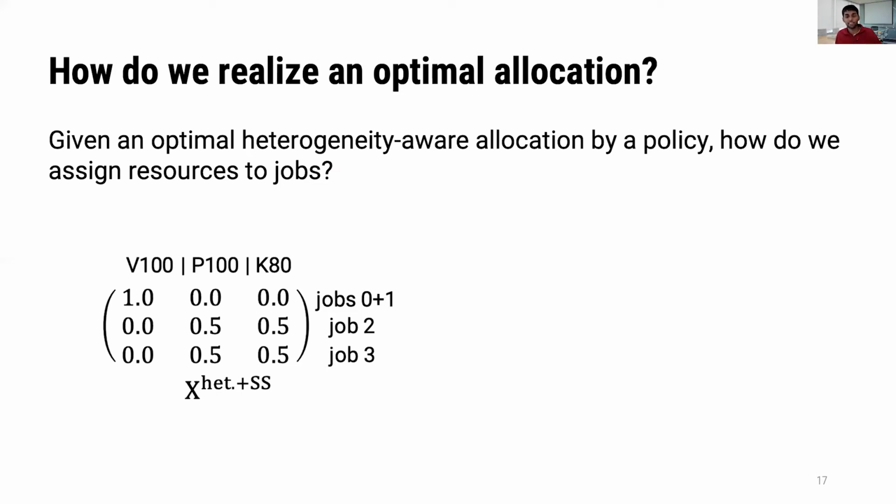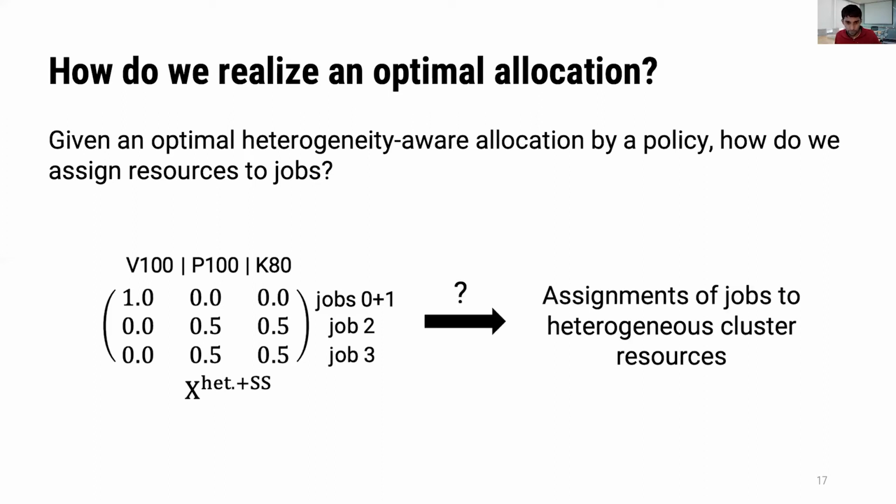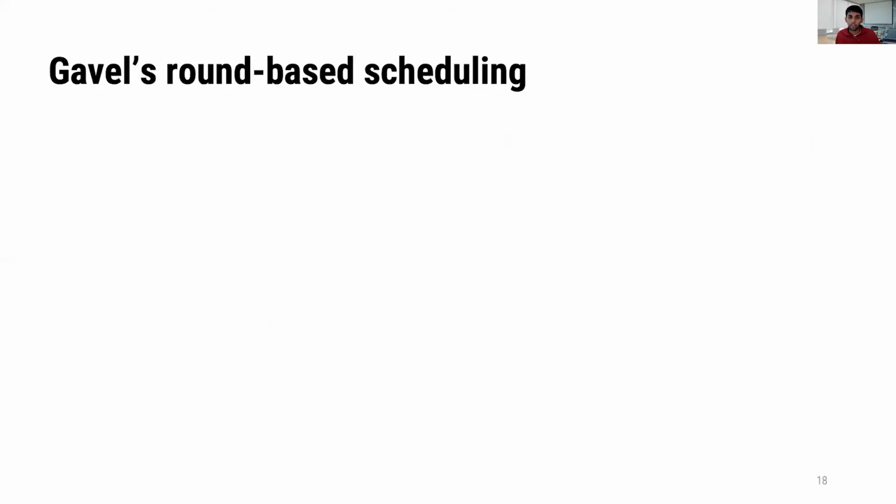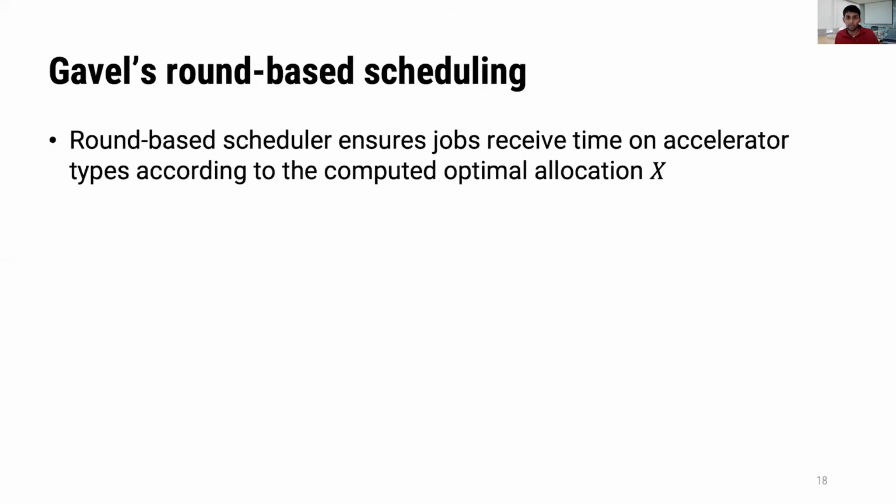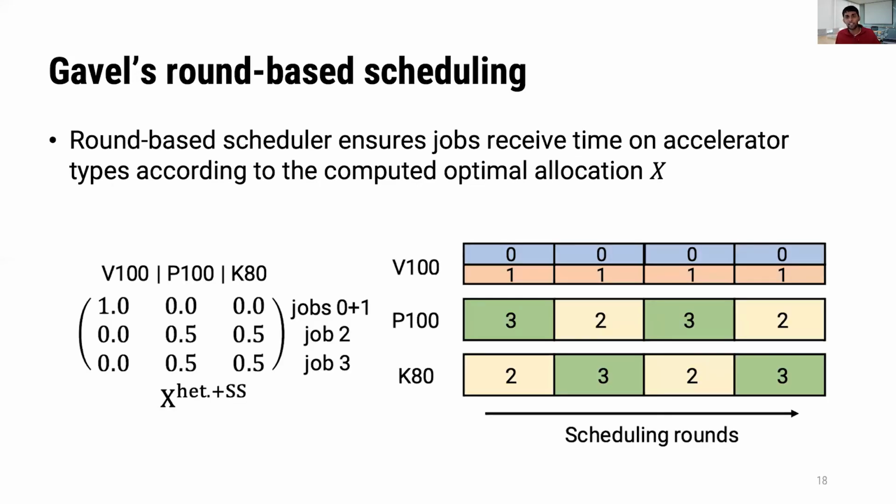And how should they receive time on the 3 GPU types that I have available in my cluster? Gavel solves this problem using a round-based scheduler. Each round is for a prescribed duration of time, and Gavel's scheduler needs to determine which job should receive accelerator time in any given round and on which accelerator type.